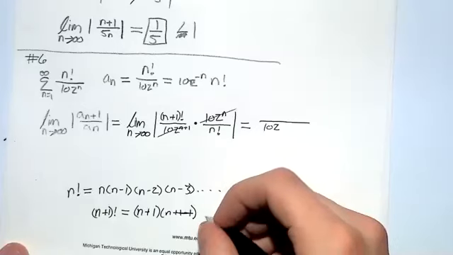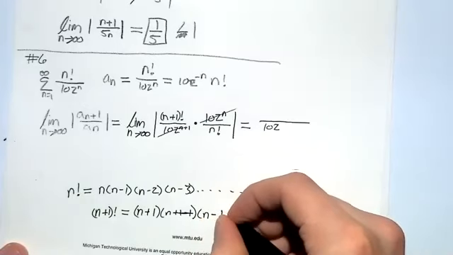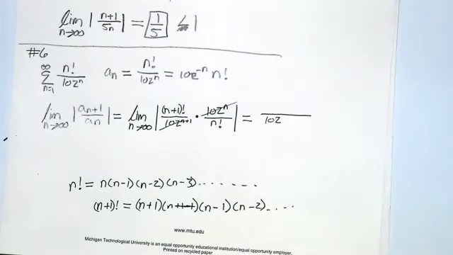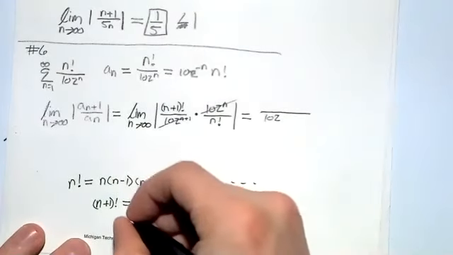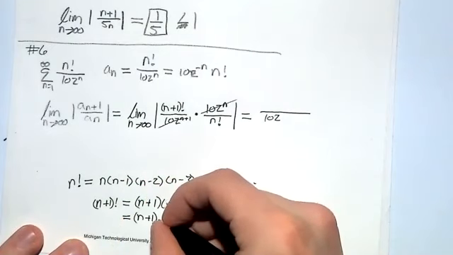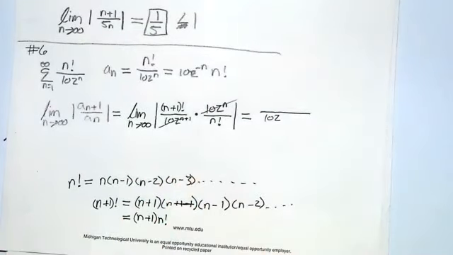We're just left with n times n minus 1 times n minus 2, and you see the pattern. So we can rewrite this n plus 1 factorial as n plus 1 times n factorial.